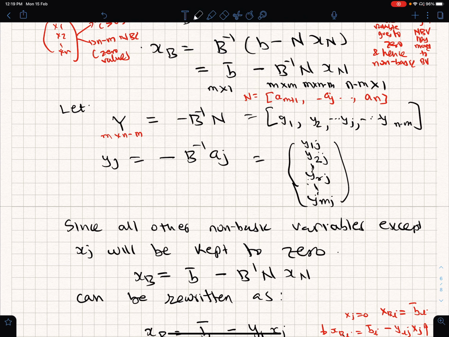Accordingly I calculated minus B inverse N, and minus B inverse a(m+1) gave me y1, minus B inverse a(m+2) gave me y2, and so on.